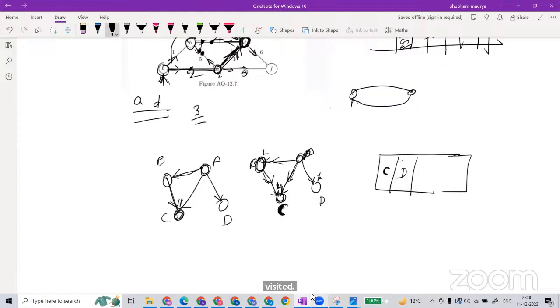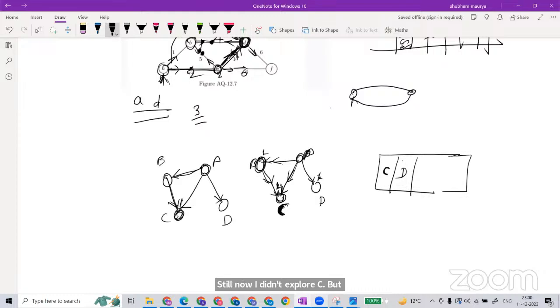Visiting can be 2 times, 3 times, but exploring happens once in BFS. In degree, yeah. Exploring is the same only, I think, right, sir? No, visiting is different, exploring is different. Till now I didn't explore C, but visited 2 times.